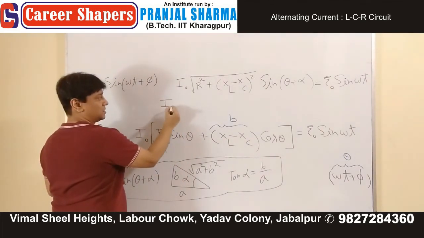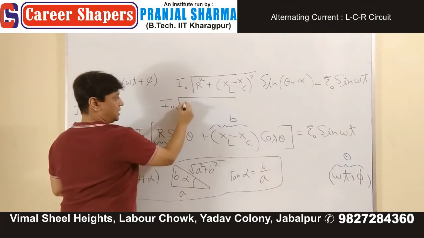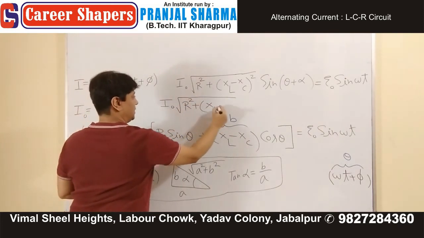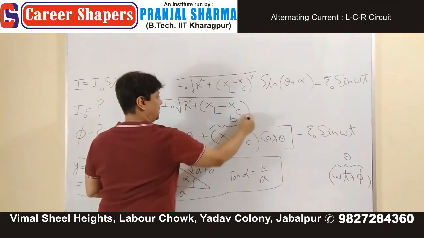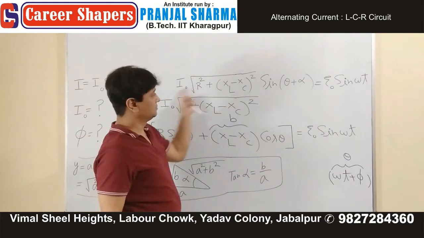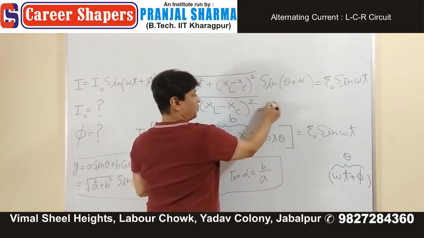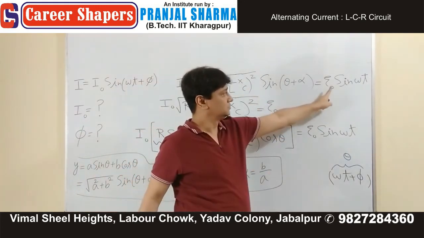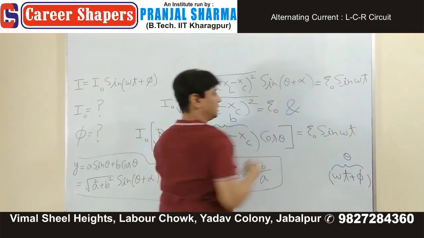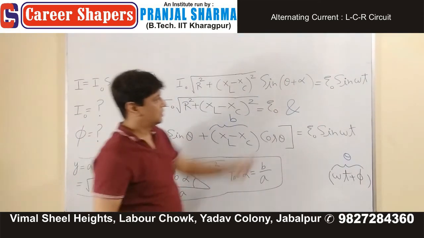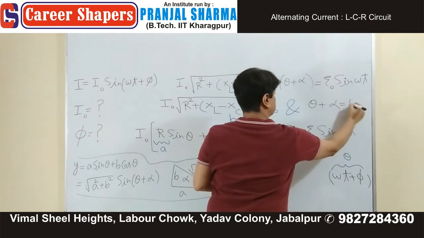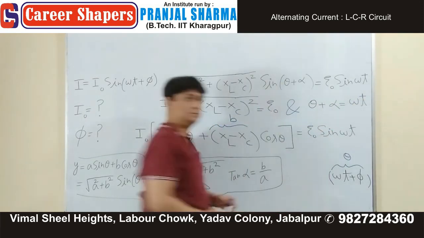I naught multiplied by root of R square plus (XL minus XC) whole square is equal to E naught, and theta plus alpha is equal to omega t.